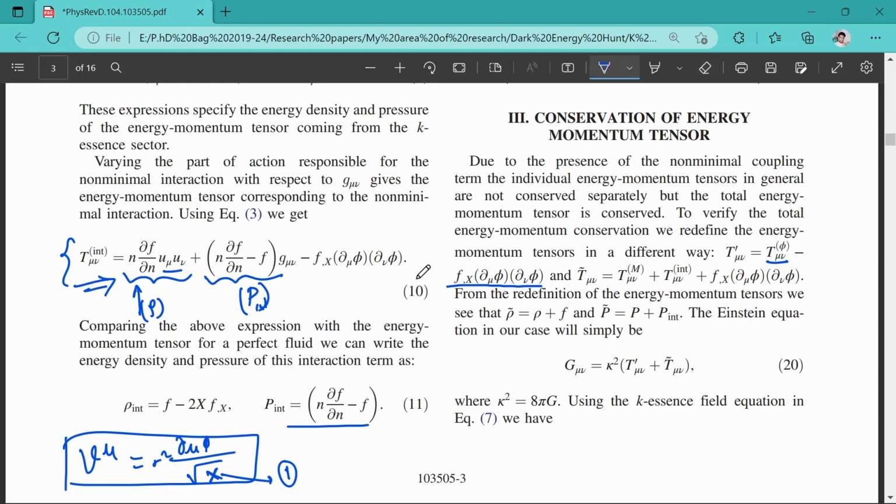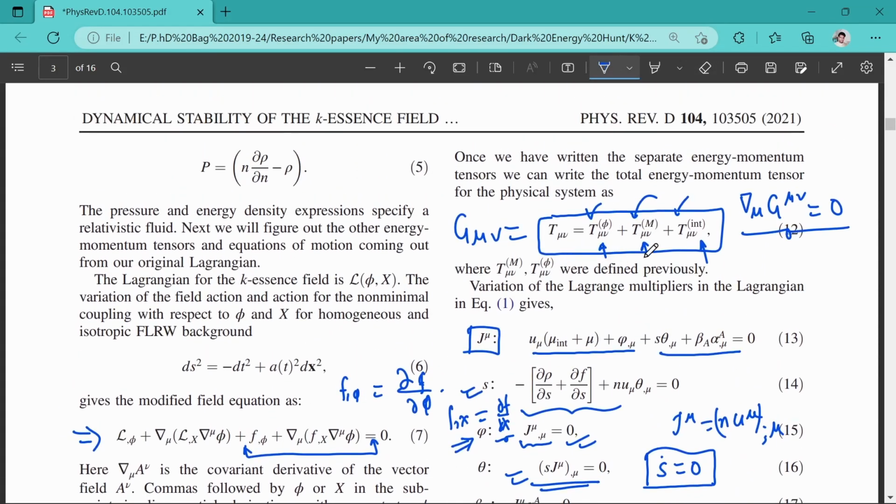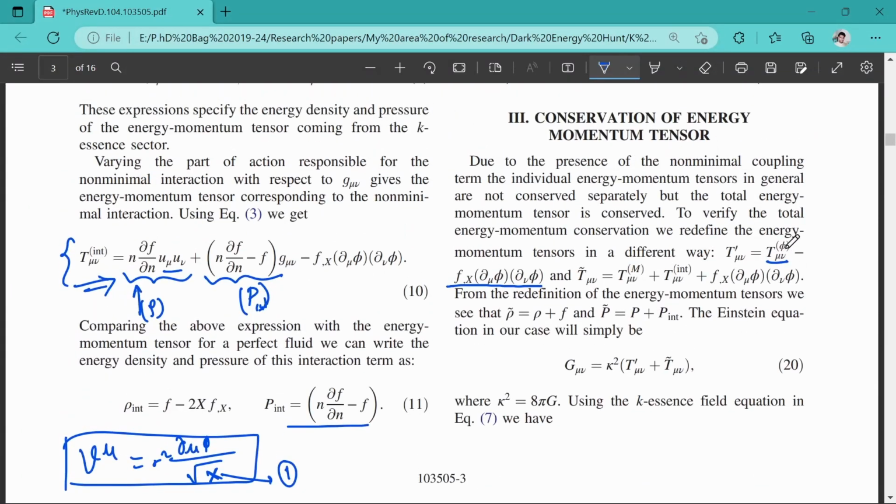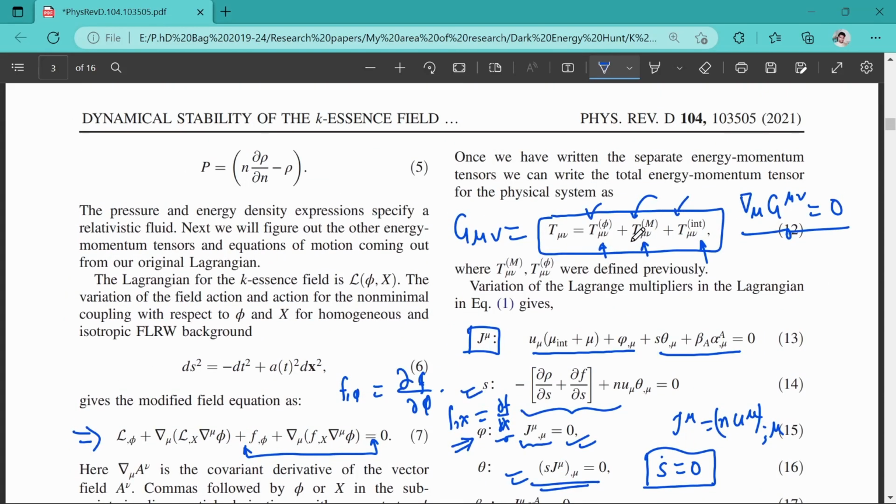Because these are algebraic sums, we can redefine our T mu phi as T mu phi minus this one. For that purpose we are again redefining another quantity, T mu m, because it was left with a T mu m and T mu interaction.